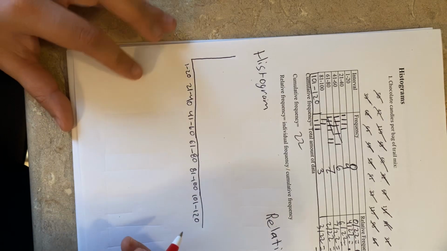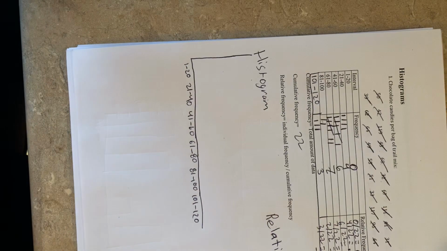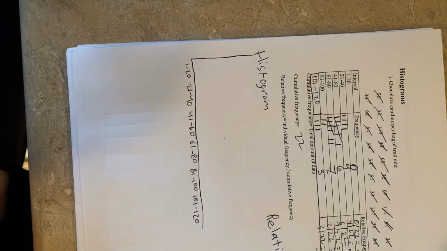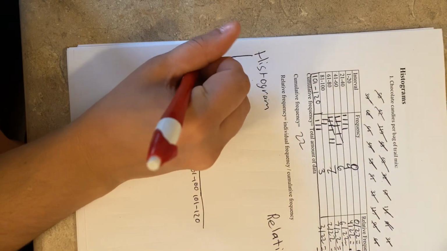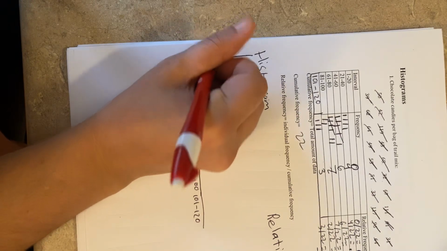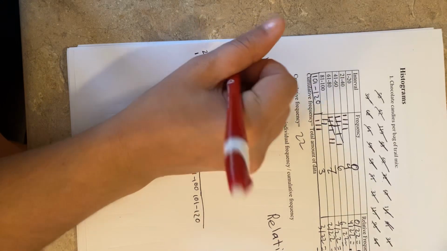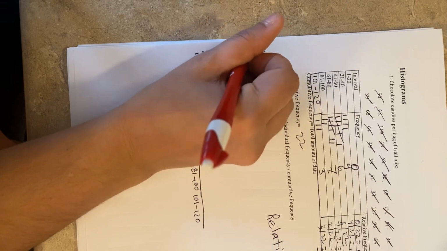Now, the difference between a bar graph and a histogram is that with a histogram, all of your bars are connected to each other, versus a bar graph, where all of them are separate bars. These are big bars all together. Okay, so we go from 0 to 7, so I'm just going to go by increments of 1. So 1, 2, 3, 4, 5, 6, 7, 8.